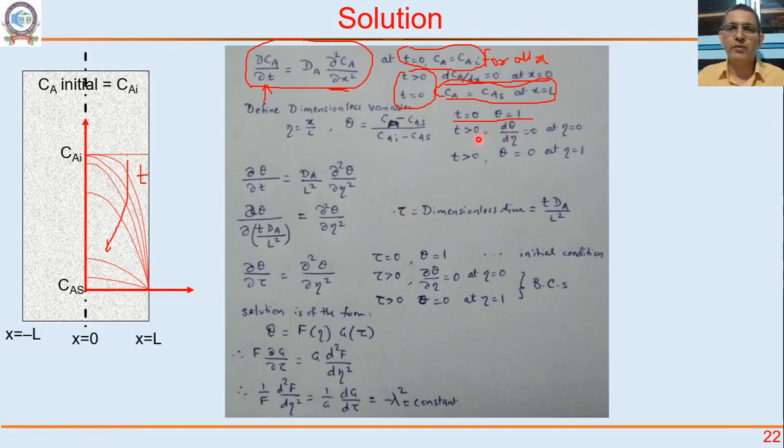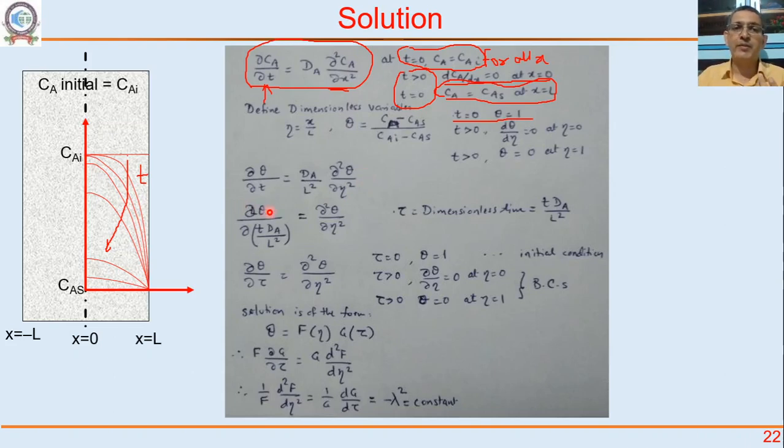For t greater than 0, d theta by d eta is equal to 0 at eta equal to 0, and theta is equal to 0 at eta equal to 1. So our equation now becomes: del theta by del t is equal to dA by L square del square theta by del eta square. Get this for yourself. Unless you get this, don't go forward. Clear your concepts now.